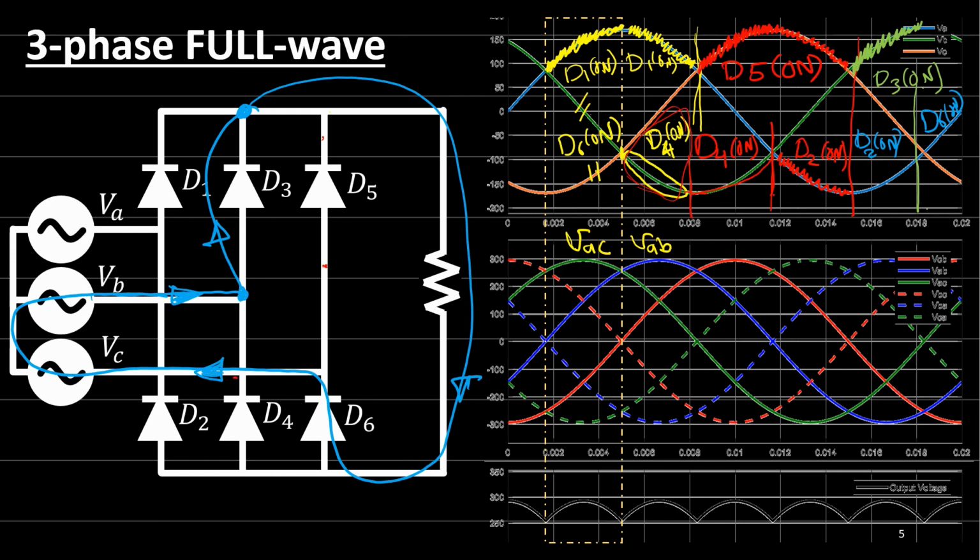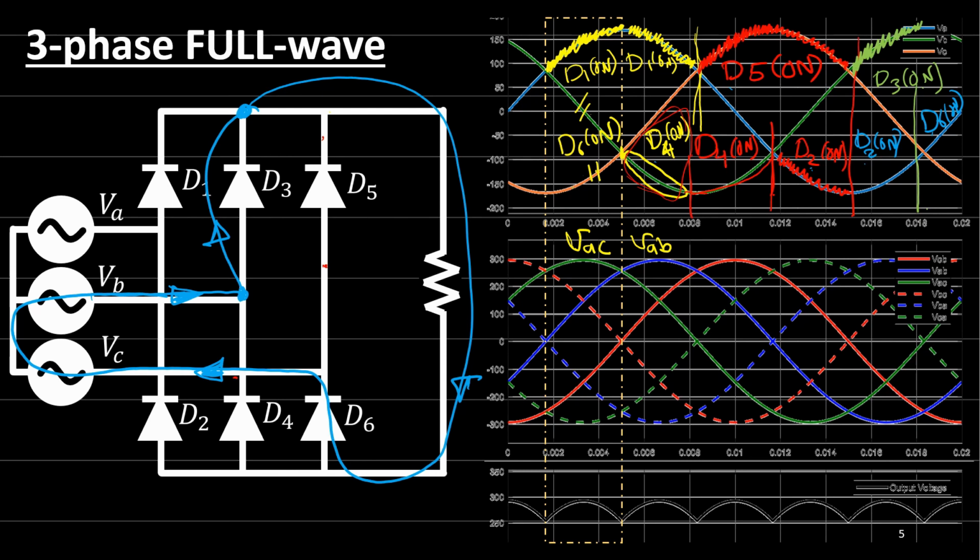Diode 6 is on. The conducting pairs are then diode 1 and 6, 1 and 4, 5 and 4, 4 and 2, 2 and 3, 3 and 6, and so on and so forth.